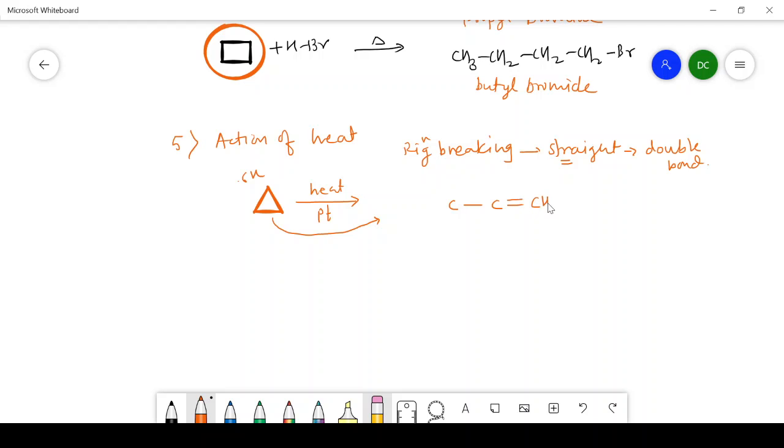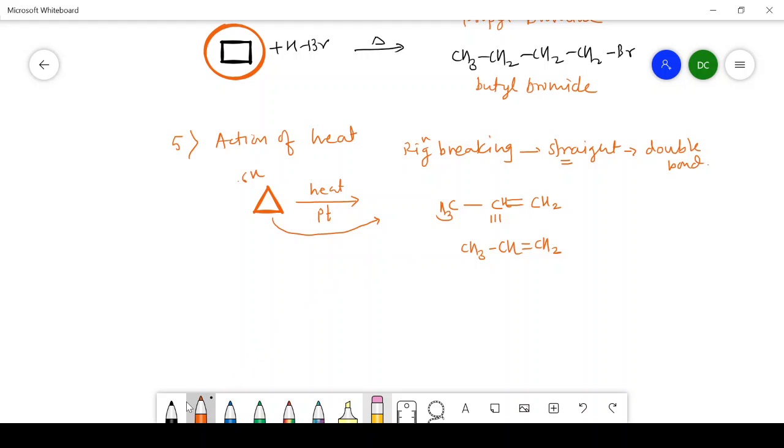Then this carbon has two hydrogens, this carbon has one hydrogen, and this carbon has three. In this way, after heating a cyclopropane, we get CH3, single bond CH, double bond CH2. The number of carbons and number of hydrogens remain same, but there is a formation of double bond within the compound.